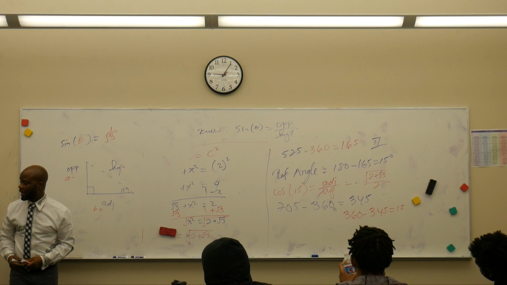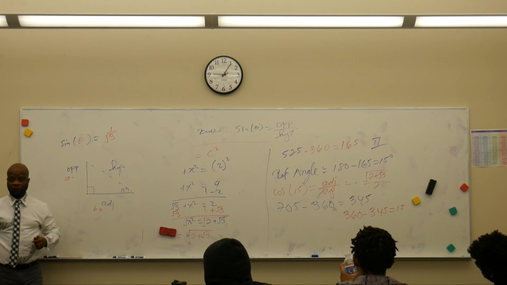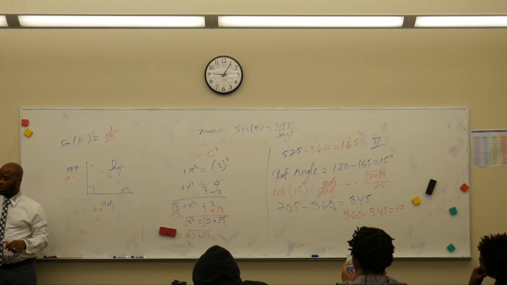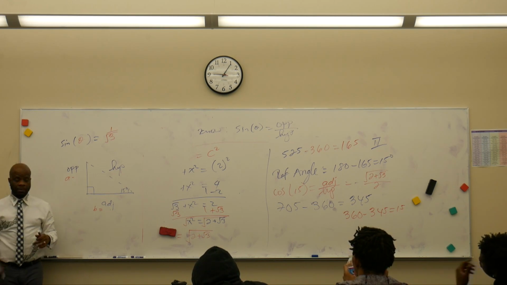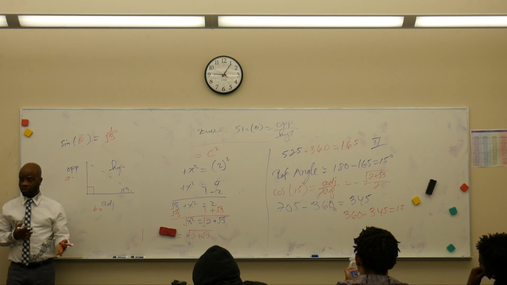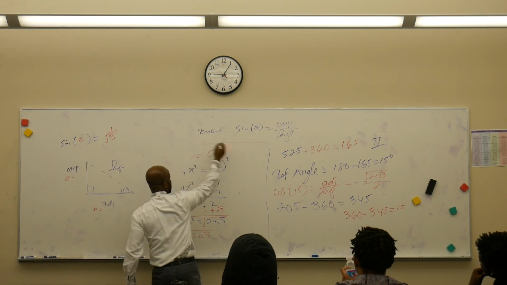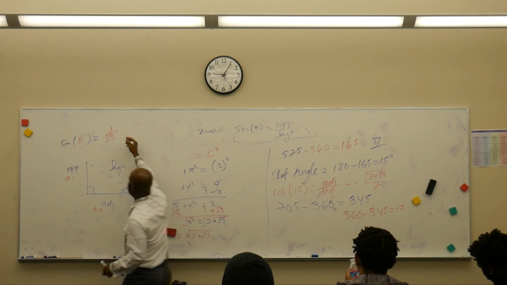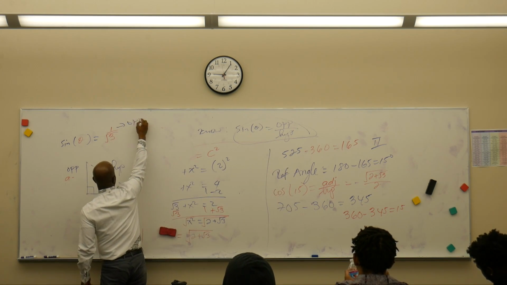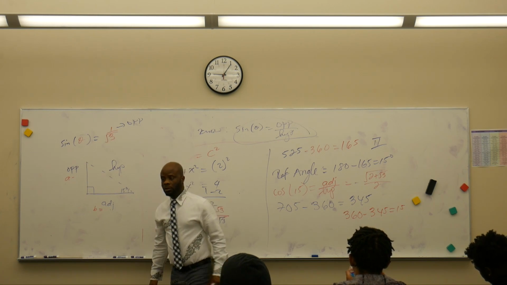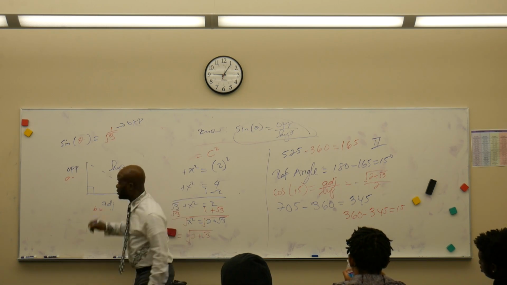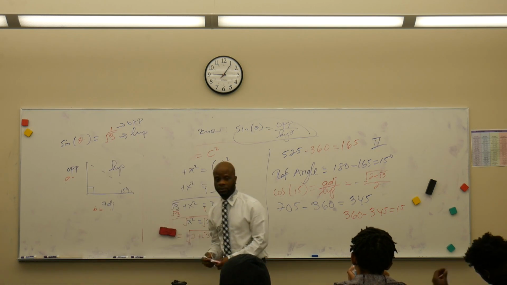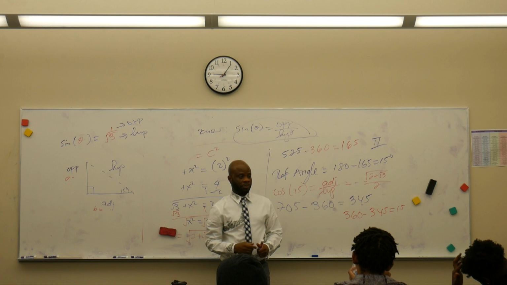If I'm given sine, what information am I given about this triangle right away? I'm given the opposite and the hypotenuse, because from SOH, that's what we get. So the top number is the opposite, and then this is the hypotenuse, because we're talking about sine.